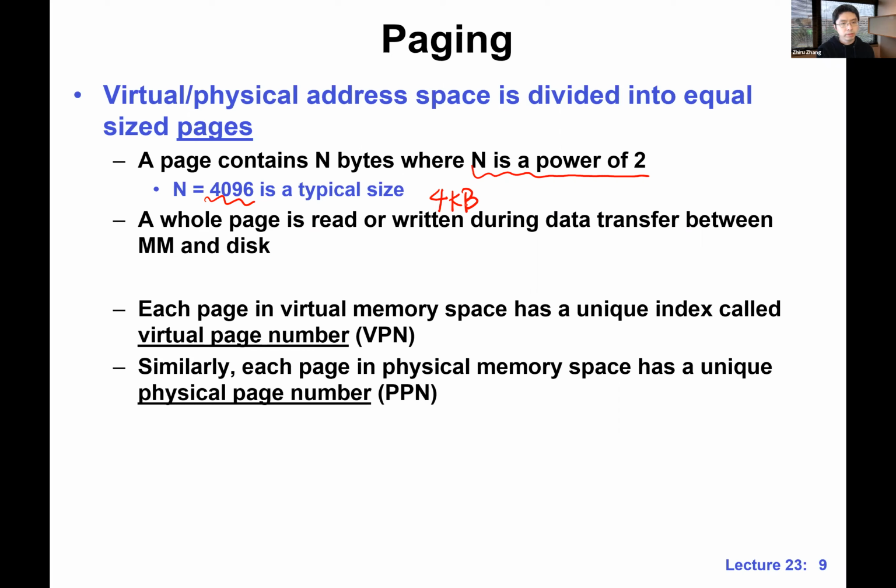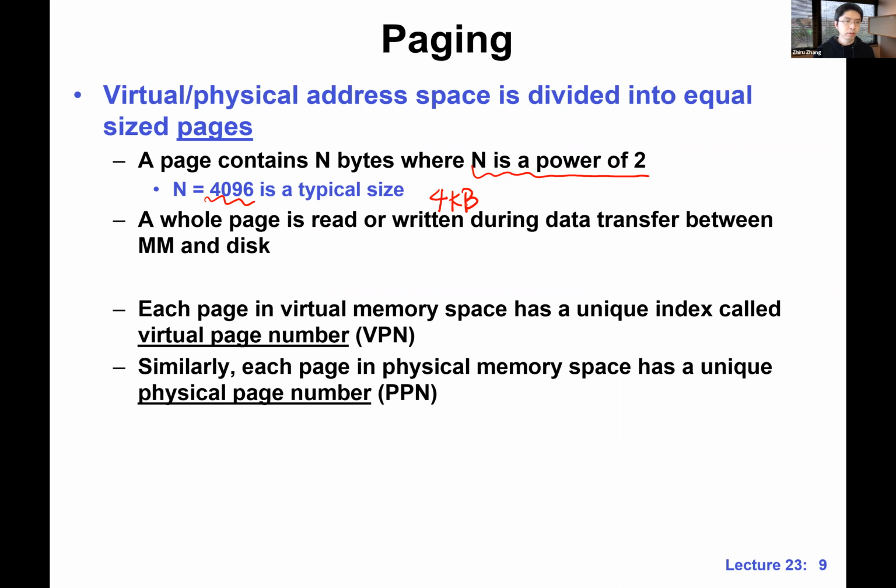And once we have the notion of a page, then we can actually index the pages. Of course, all the addresses are byte addressable, but now that we have the notion of a page, just similar to the cache block address, for virtual addresses we have something called the virtual page number. Each page has 4 kilobytes. That's a typical size, unless I define it differently in the exam or homework.